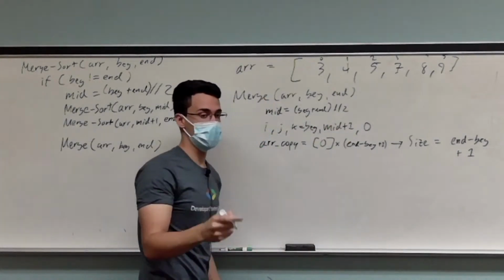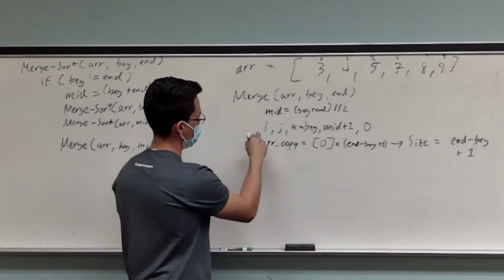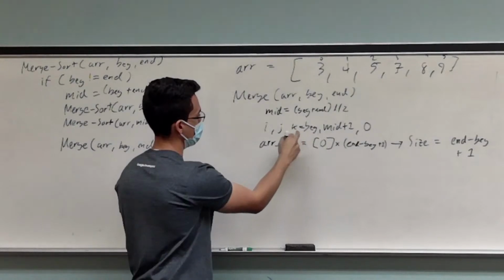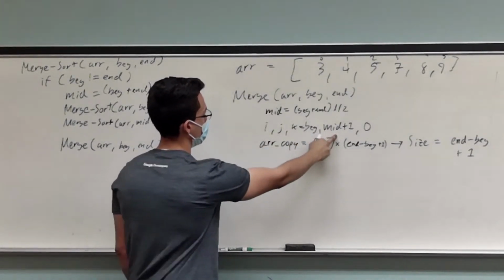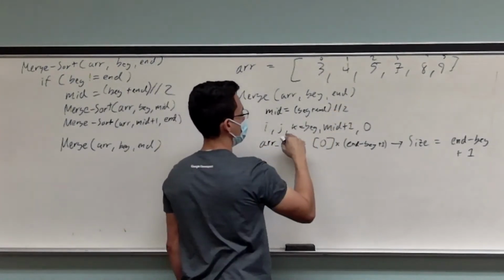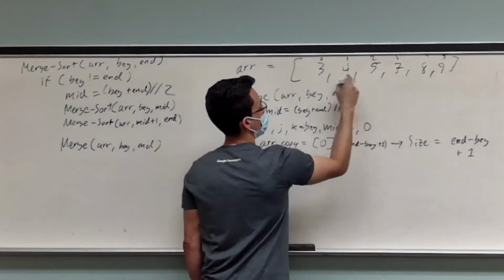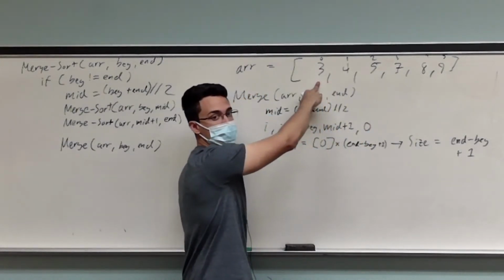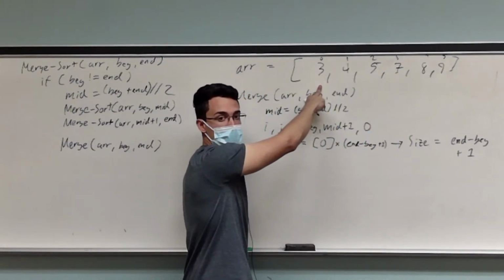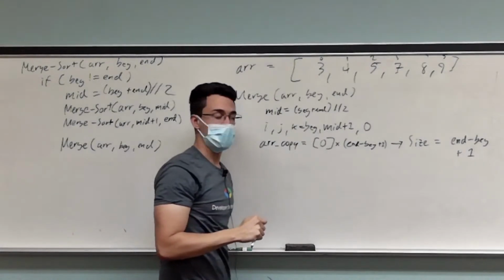Okay, thank you. So basically, i would start at beginning, and j would start at mid plus 1, because then j would iterate on this side and i would iterate on this side. Are we confused about that? Are you declaring variables right there? Yes, I am.